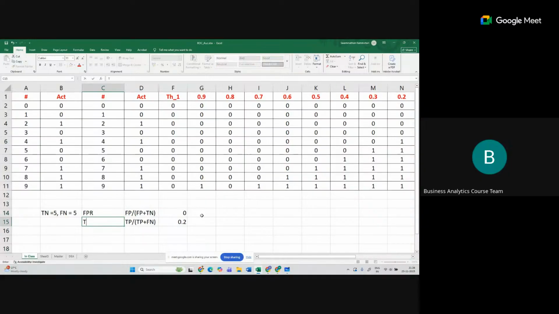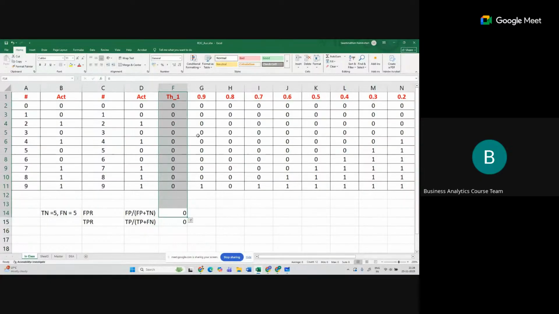This is TPR. So FPR is FP by FP plus TN. How many FP we had? 0. False positive was 0. When the numerator is 0, your entire false positive rate is 0 for threshold 1. Similarly, how many true positives you had? 0. So this will be 0 and 0 for threshold 1.